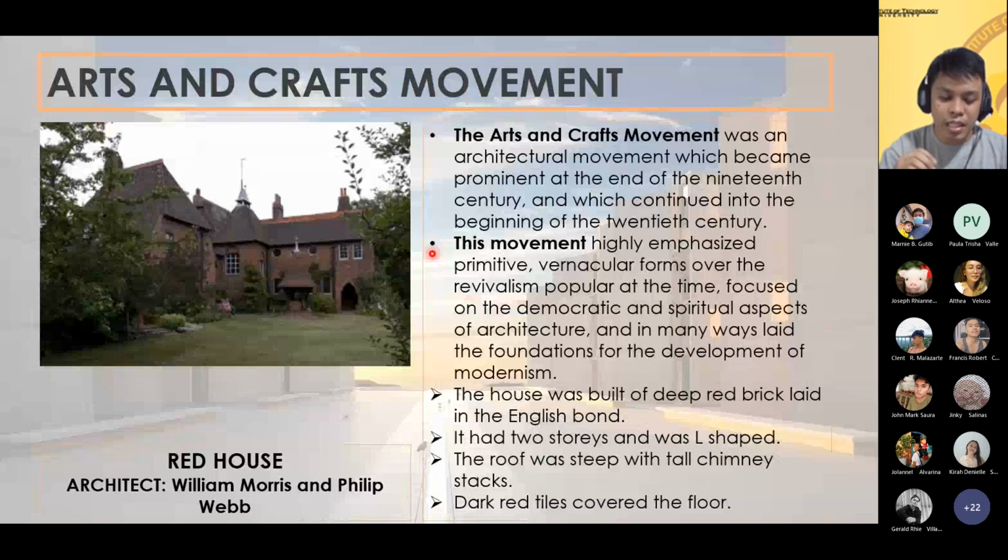Kaya nga naman, after the Renaissance architecture, we have these small styles of architecture, like for example, the Baroque, and we have this mga revival of old styles. We have the Neo-Romanesque or Romanesque revival. We have the Neo-Gothic or the Gothic revival.